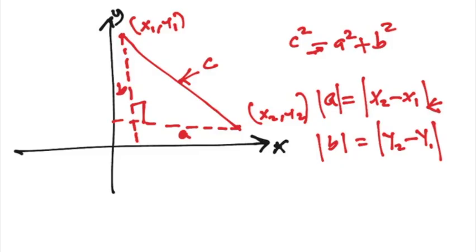So C squared is equal to A squared plus B squared. That's our Pythagorean theorem.